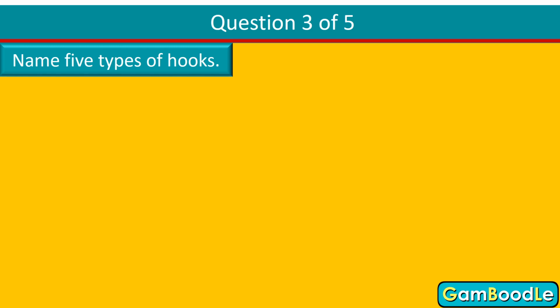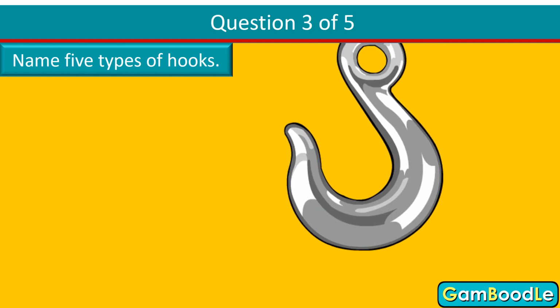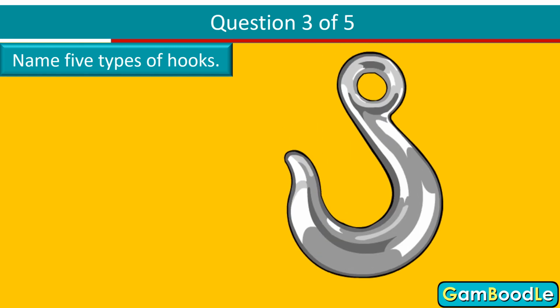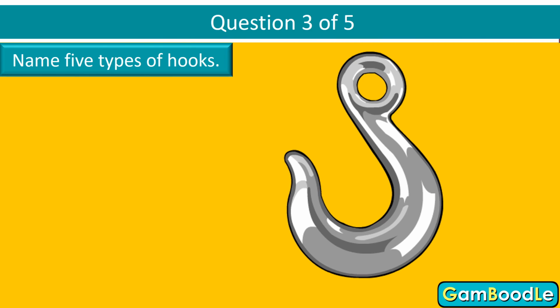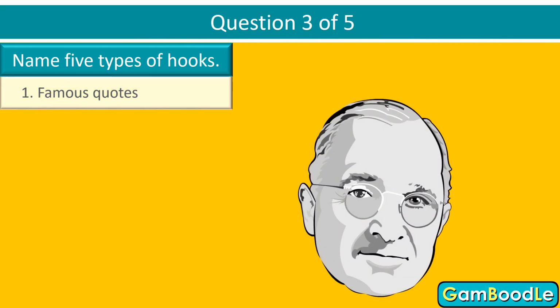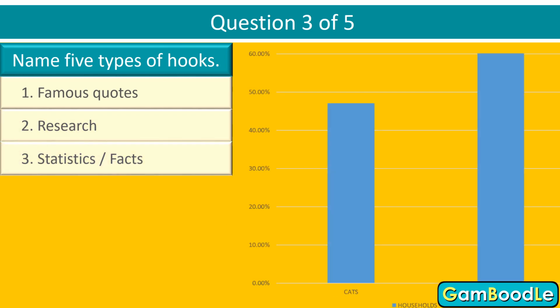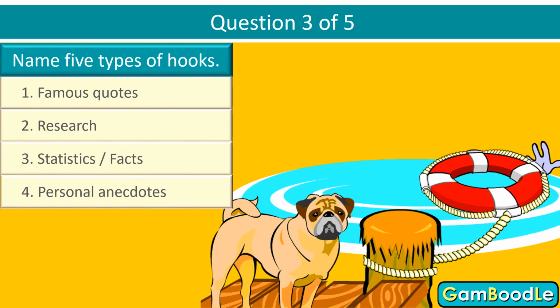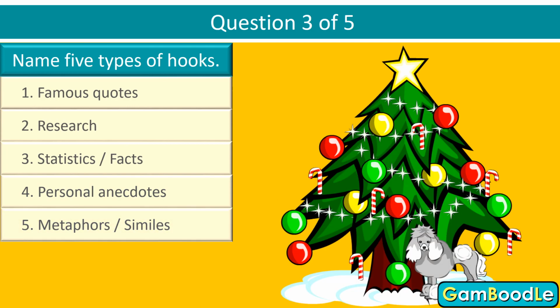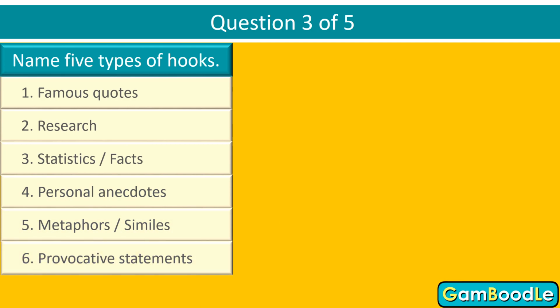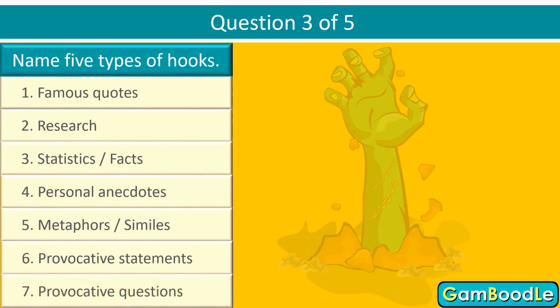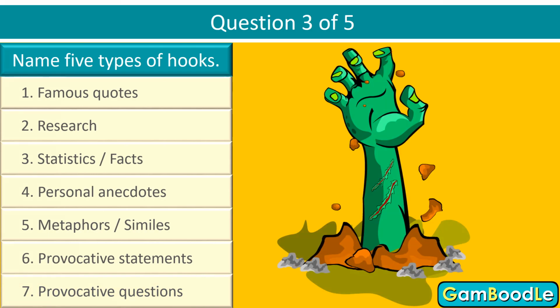Question 3. Name 5 types of hooks. Famous quotes, research, statistics or facts, personal anecdotes, metaphors or similes, provocative statements, and provocative questions.